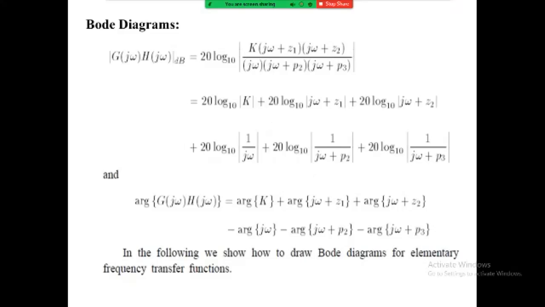These Bode diagrams are the main tools for frequency domain controller design, a topic that will be presented in detail in this section.